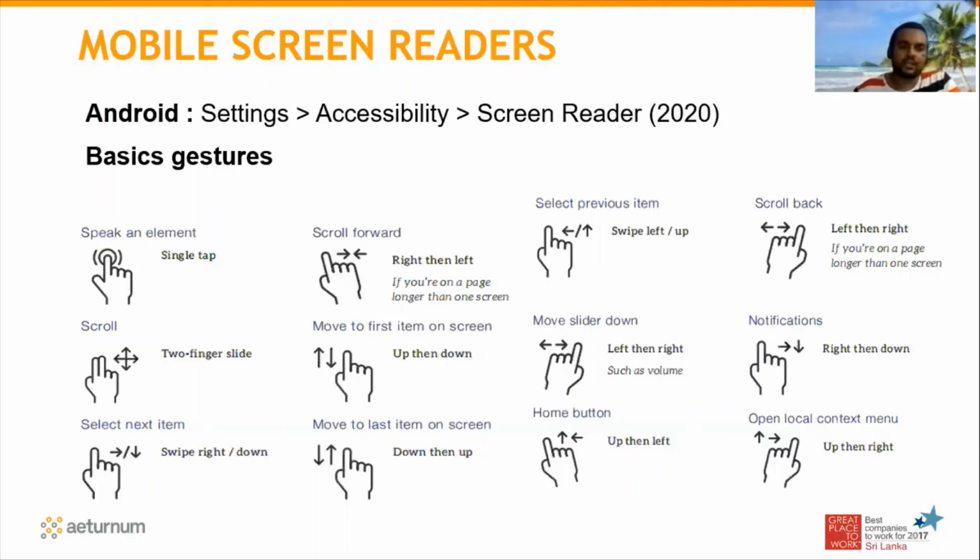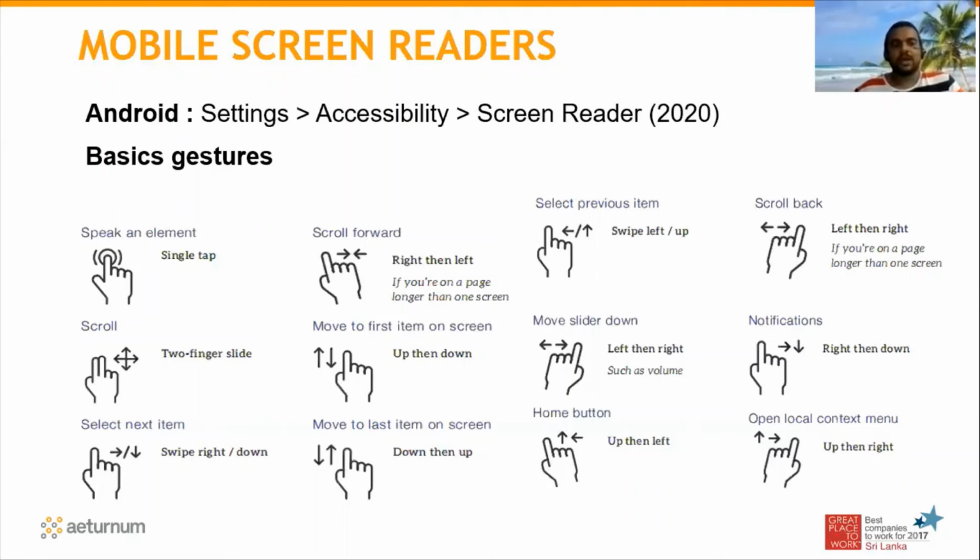So there are a lot of gestures we need to follow, and I included just the basic gestures in my slides, and there are a lot of areas we should focus on related to gestures.